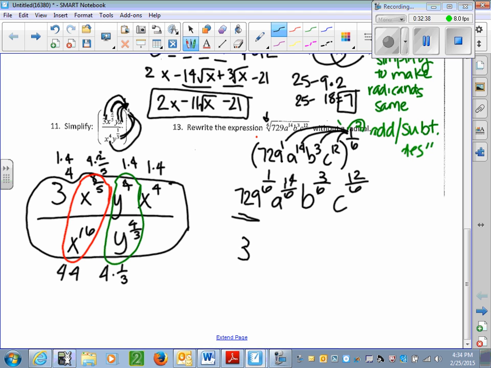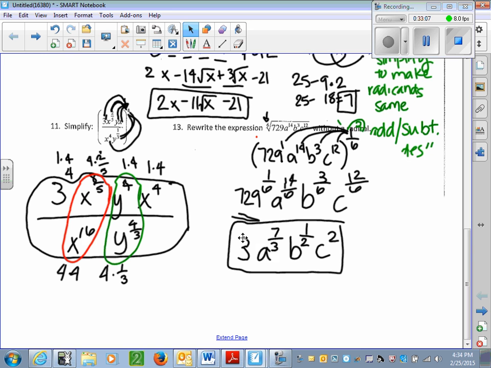Alright, then 14 divided by 6, that simplifies. Again, I can just type that in my calculator in the math bracket, get a decimal in math bracket to get the simplest fraction, or if you know how to simplify your fractions, you get a to the 7/3, and then we get b to the 1/2, and we get c squared. Okay, and that's the answer there.